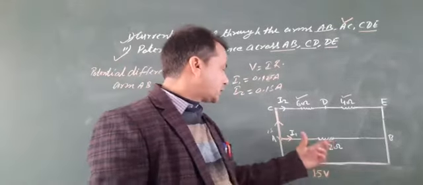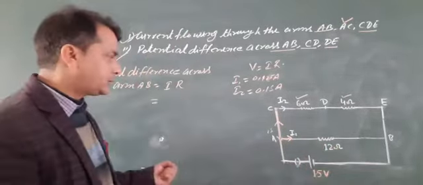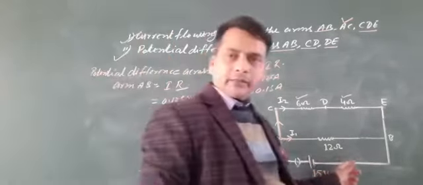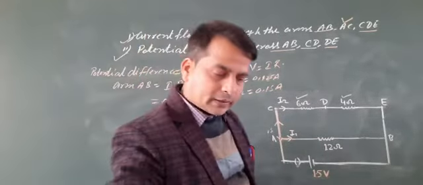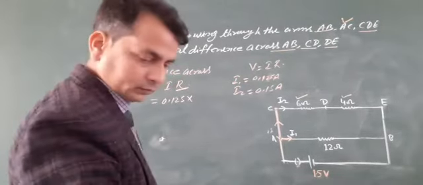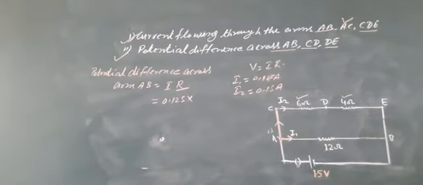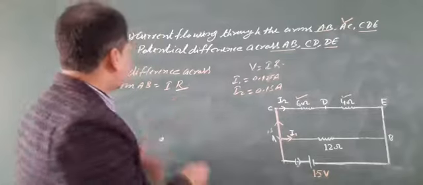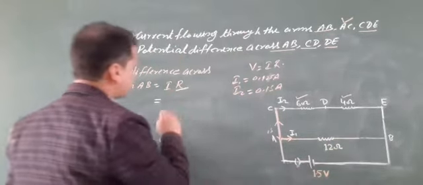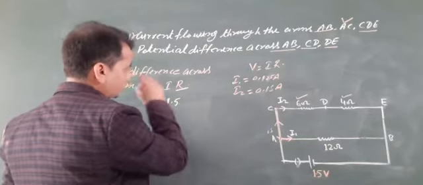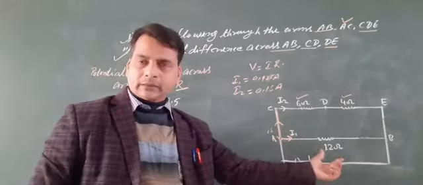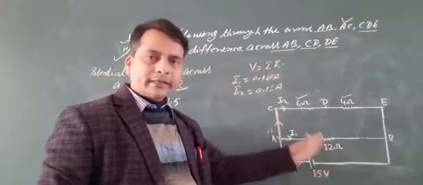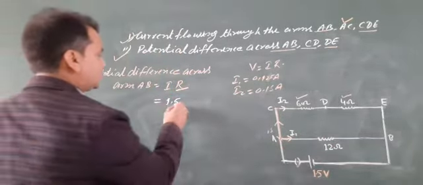The electric current across AB is 0.125, and the resistor used in the arm AB is 12 ohms. Multiplying 0.125 into 12, the potential difference in the arm AB is 1.5 volt.